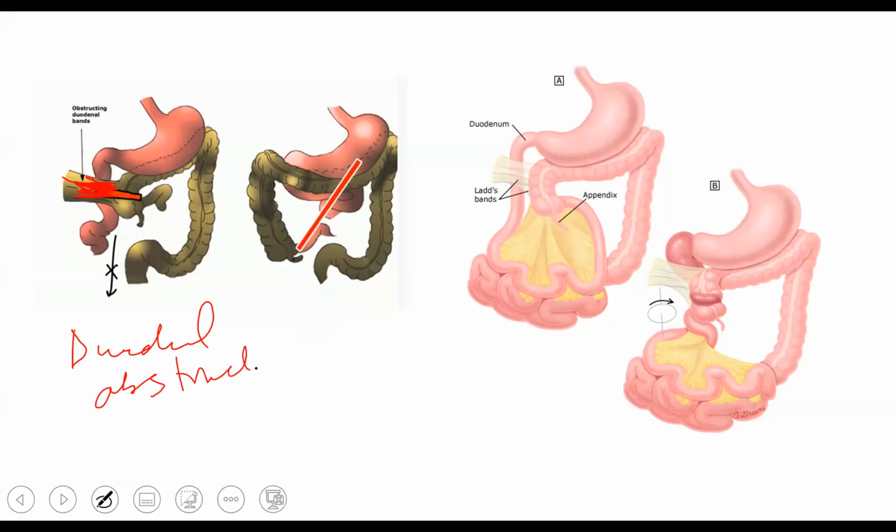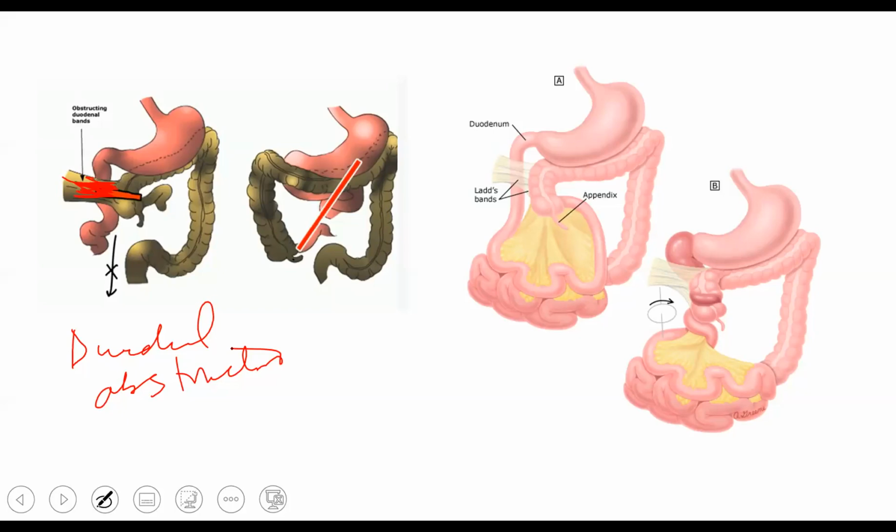So I need you guys to pay attention to this, okay? Number one, the Ladd band can obstruct the duodenum. So a baby has malrotation, the Ladd band at the right upper quadrant can obstruct the duodenum and cause duodenal obstruction, either acute or subacute or subchronic.